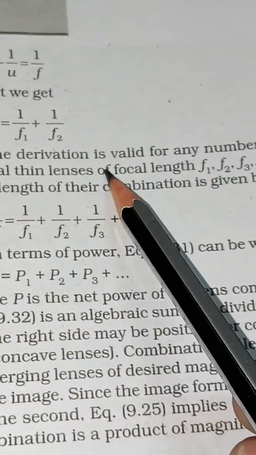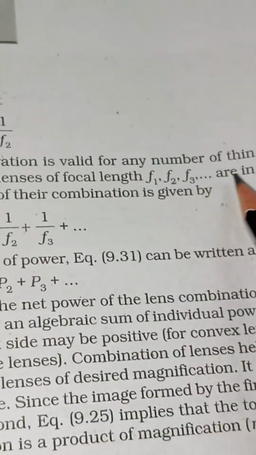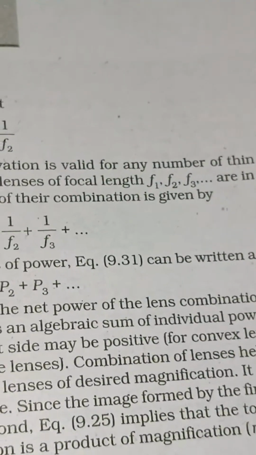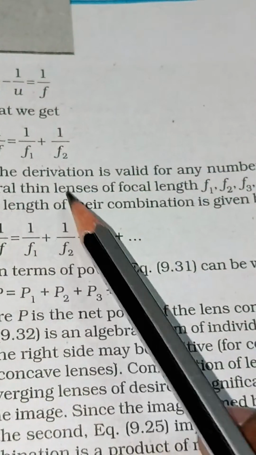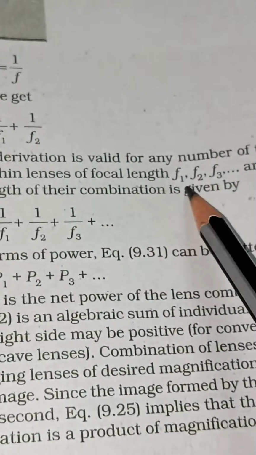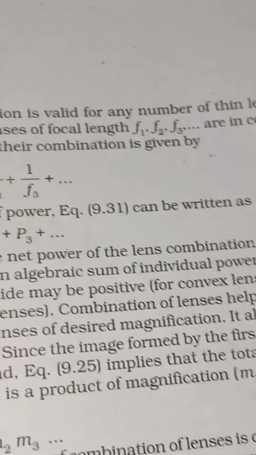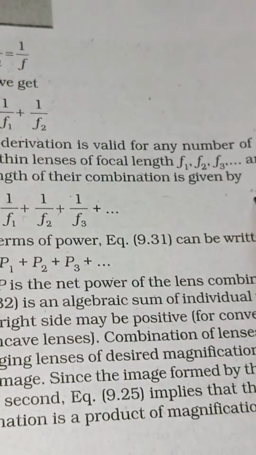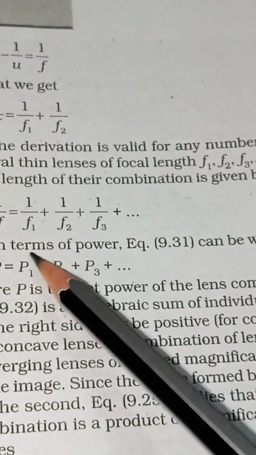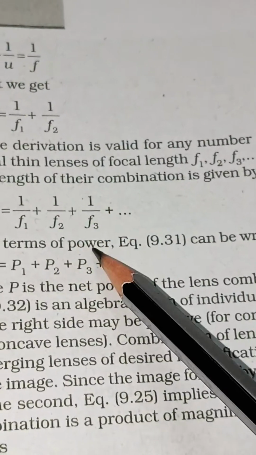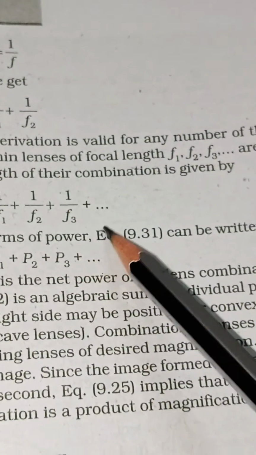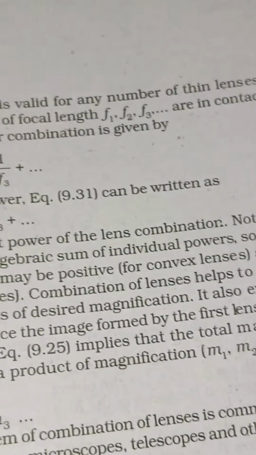This derivation is valid for any number of thin lenses in contact. If several thin lenses of focal length f1, f2, f3 are in contact, the effective focal length of their combination is given by 1 upon f equal to 1 upon f1 plus 1 upon f2 plus 1 upon f3, and so on.